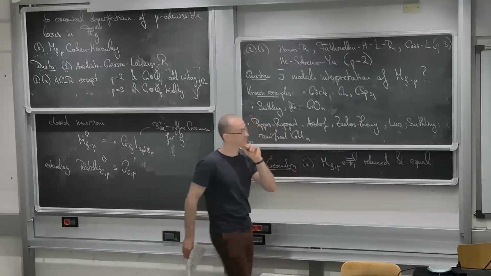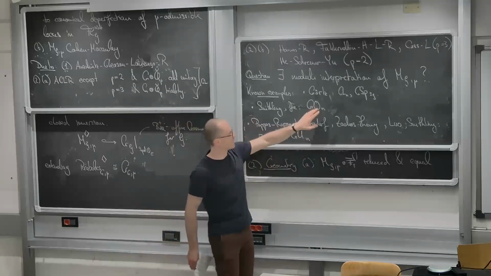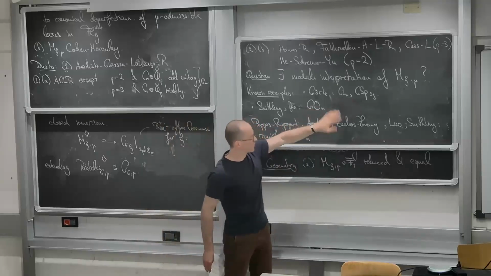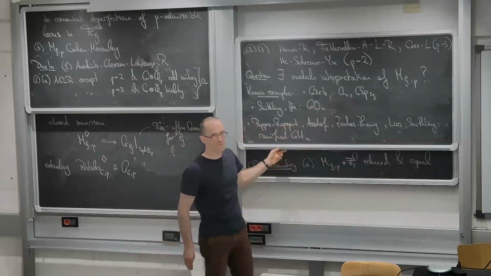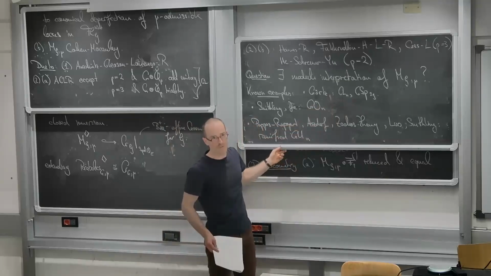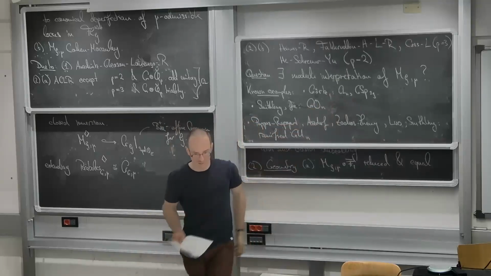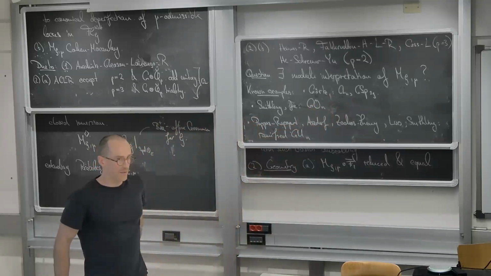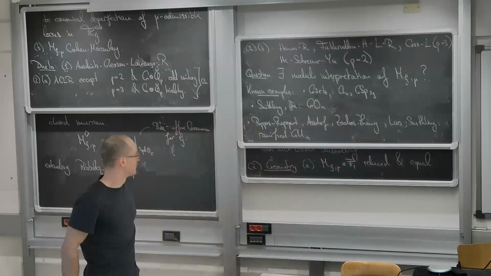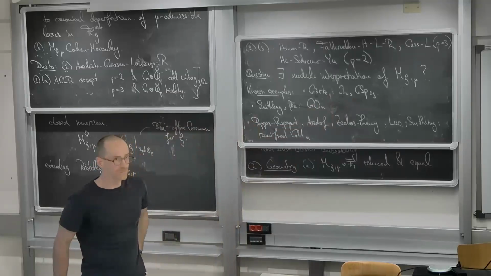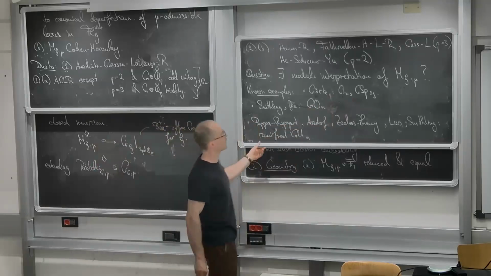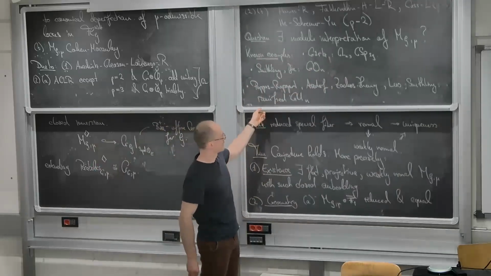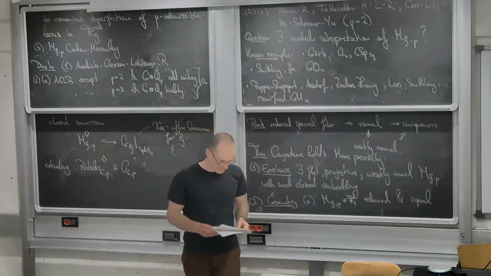Okay. And somehow the more complicated the group is, the more complicated this description is. Yes? Yeah. Over C, these are PEL varieties, yes, basically. They are all of PEL type. Yeah, maybe ignoring some subtleties here.